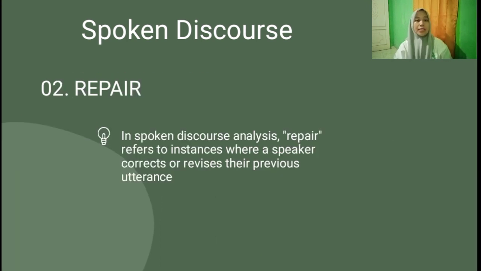The second one is repair. In spoken discourse analysis, repair refers to instances when a speaker corrects or revises their previous utterance. It can occur when there's a breakdown in communication and the speaker self-corrects to maintain clarity.